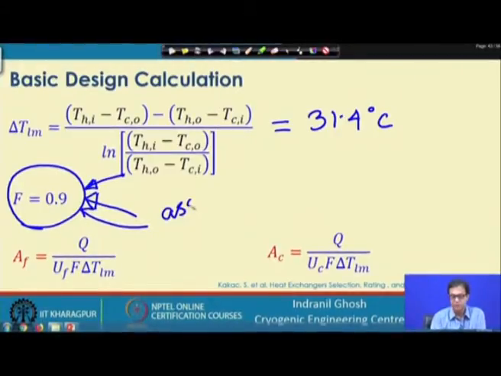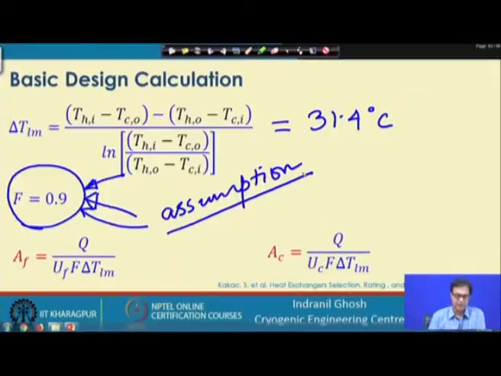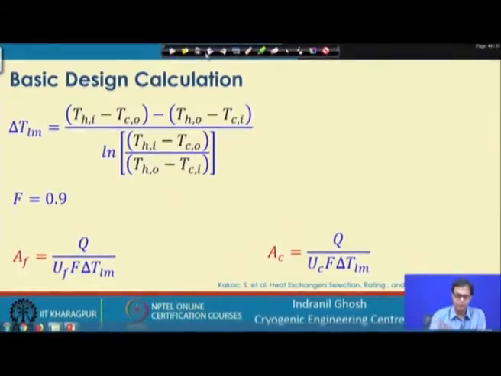This assumption has to be rectified later on. So, this is an assumption, and based on that assumption, we have the knowledge of Q, we have the knowledge of delta T m, we have the knowledge of U_f, and we have assumed a correction factor.